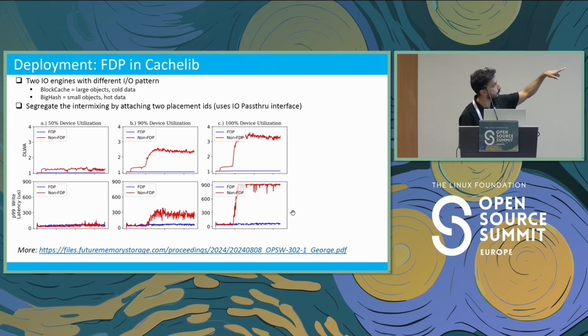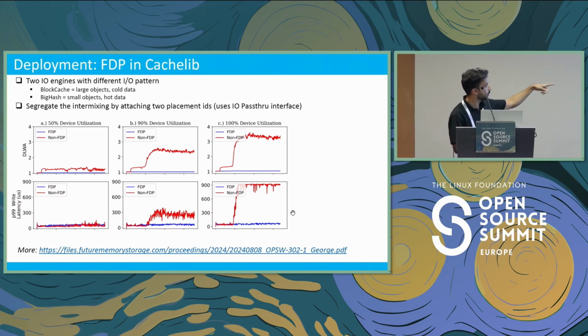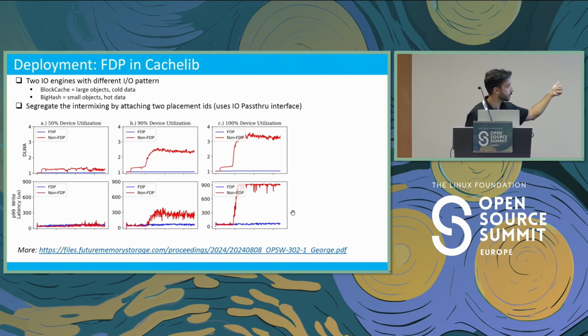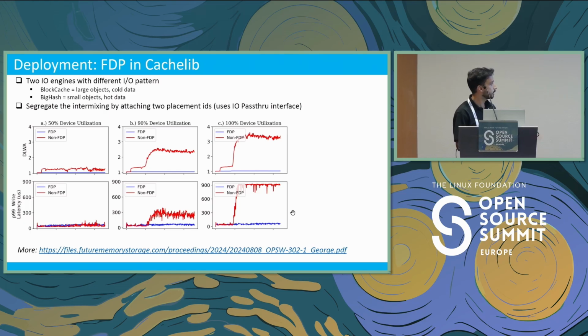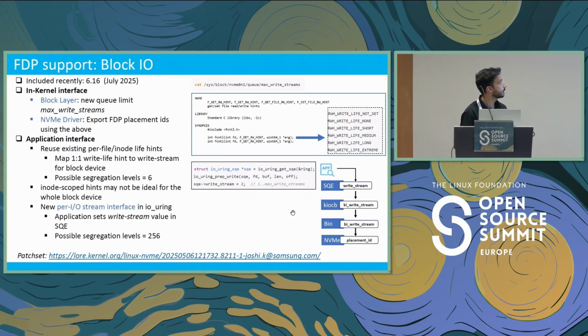It goes up to 2.5, and when the device is 100% utilized, it goes above 3 point something. But on an FDP device, it still remains at 1. The same happens to the performance. This is the P99 latency, and I think people can take a look at this talk for details.